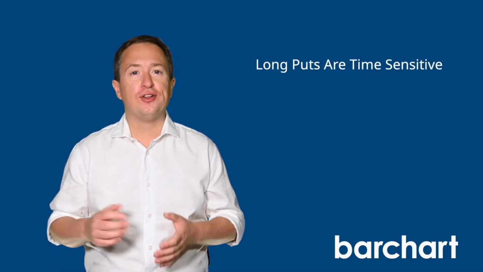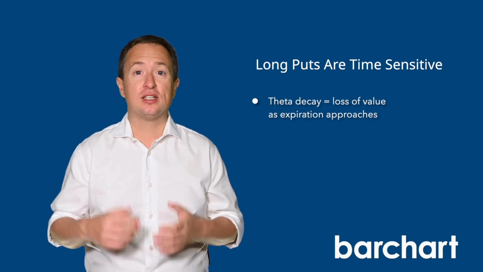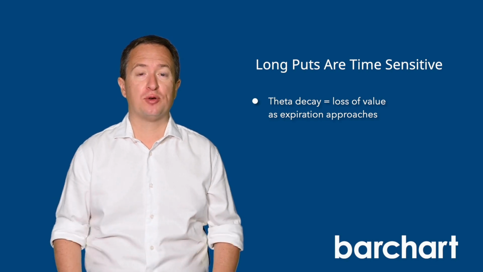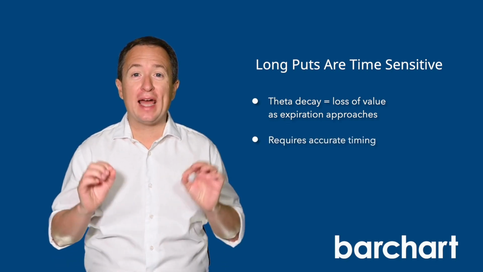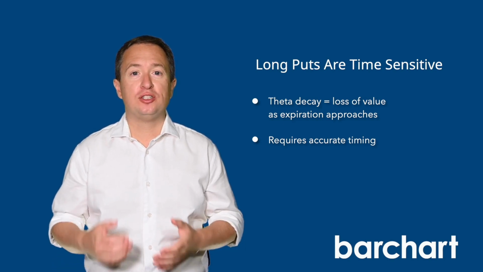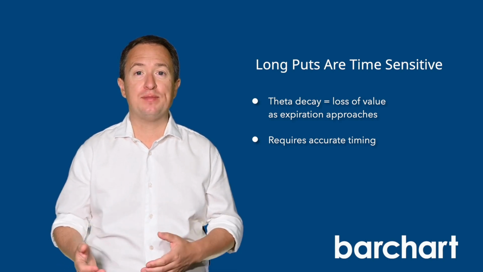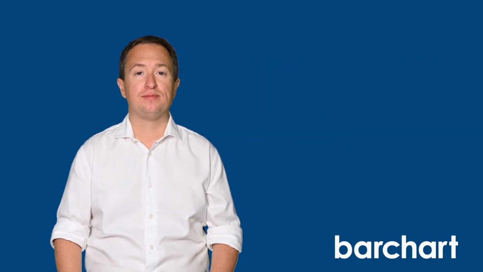And don't forget, long puts are time sensitive, which is called theta decay, as long options lose their value as they get closer to expiration. As such, using long puts requires accurate timing. For that reason, it's not uncommon to buy puts with very long expirations. And in some cases, expirations can be more than a year out.